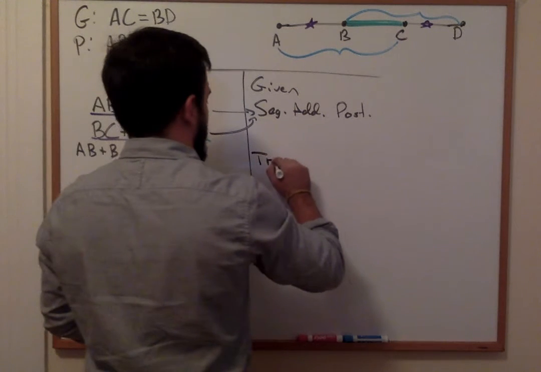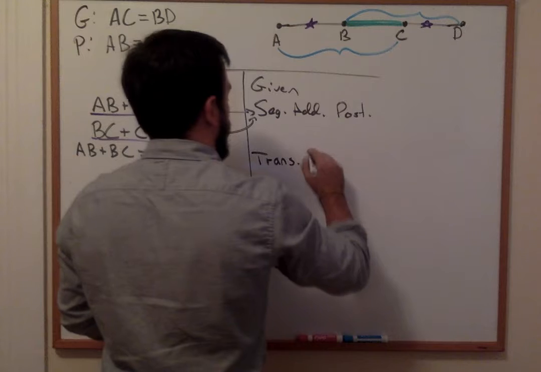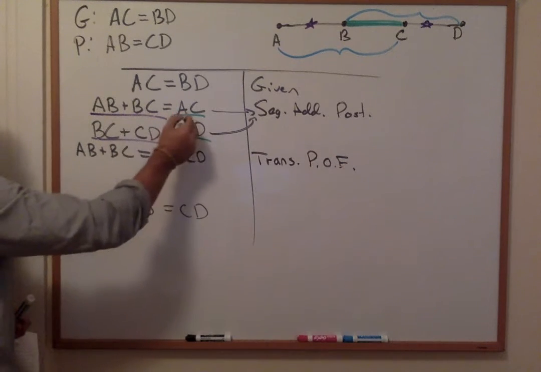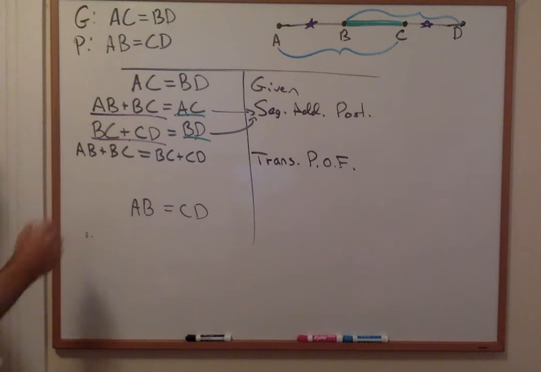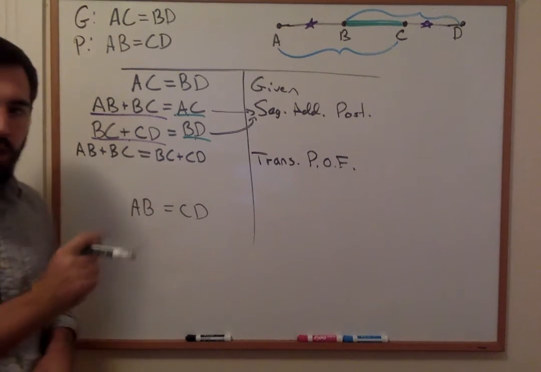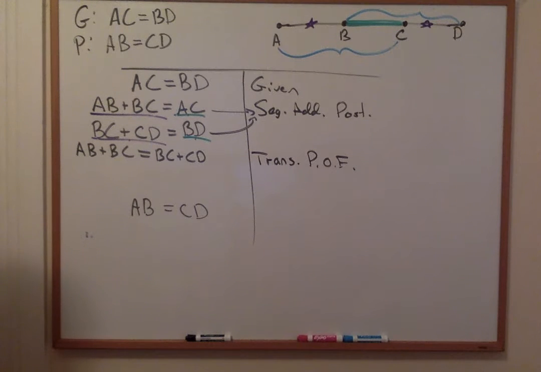This is the transitive property. We are transitioning across the equality of expressions. We are not replacing any unique term within one expression, within one equation.